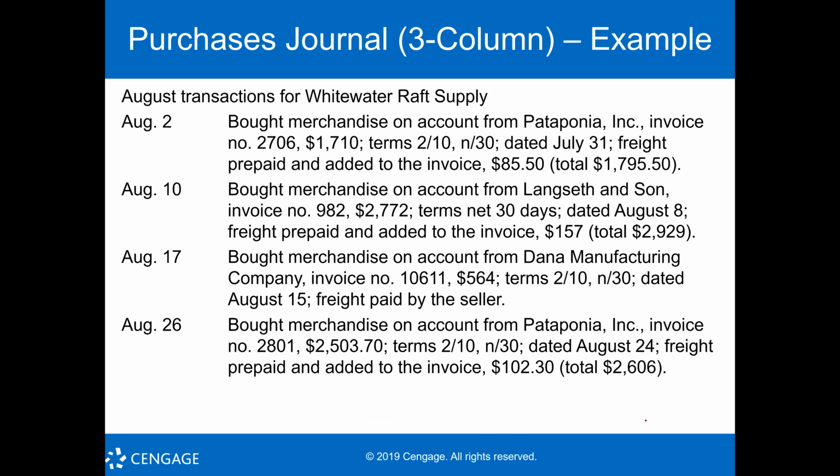All right, purchases journal. Again, we talked about this one, and it follows along those same lines with the sales journal. Instead of making several entries into the purchases account or the merchandise inventory account, if we're under the perpetual system, instead of making several transactions, and I guess this is really only applicable to the periodic inventory system, instead of making several different journal entries into it, we can make one summary entry at the end of the month, right?